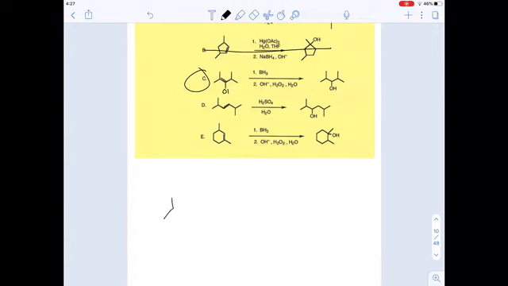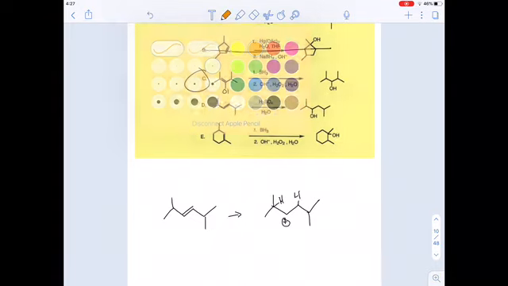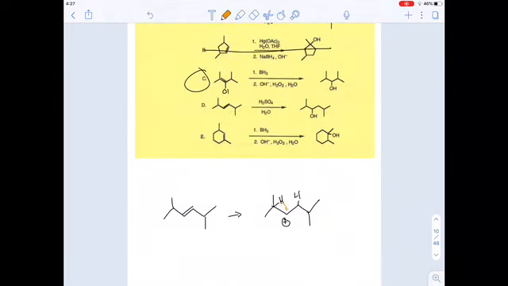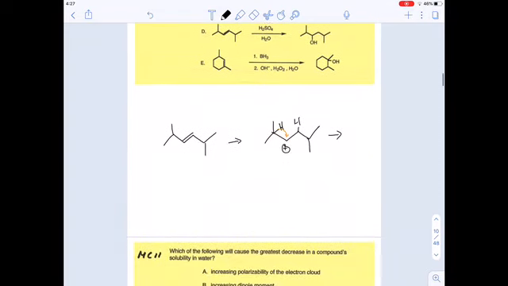Let's go and check D though, just in case. That might be the right answer. Okay, so what would happen in this situation is you're going to have this as an intermediate. And then you're going to have a hydride shift here, because remember I said that H2SO4 is the one with a carbocation intermediate.